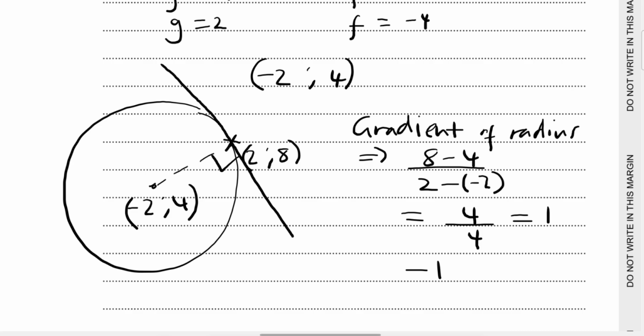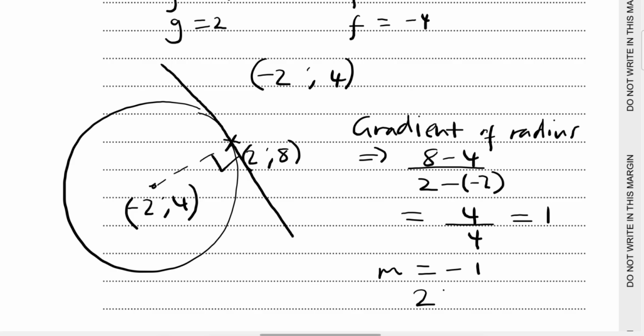So m of radius times m of tangent is supposed to give us minus 1. So if the gradient of the radius is 1, this can only be minus 1 for us to get minus 1 if we multiply them. So the gradient of the tangent is minus 1.